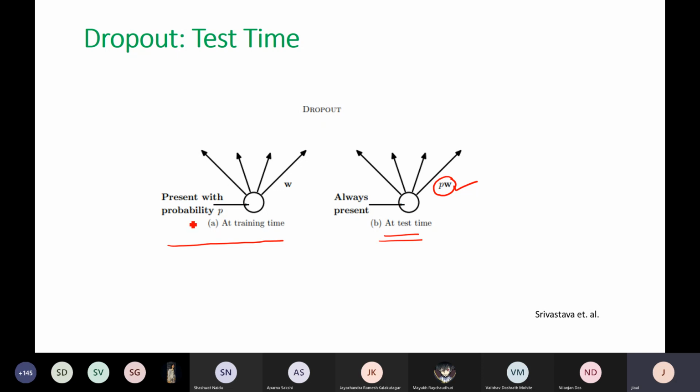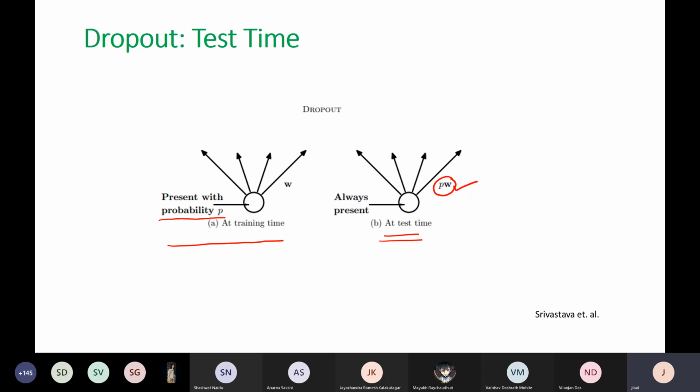The way I am using this notation here, P is the retention probability, present with probability P, not the dropout probability. So my effective weight will be P into W, and all weights will be multiplied by this retention probability. That is how we take into consideration the dropout probability which we used during training.